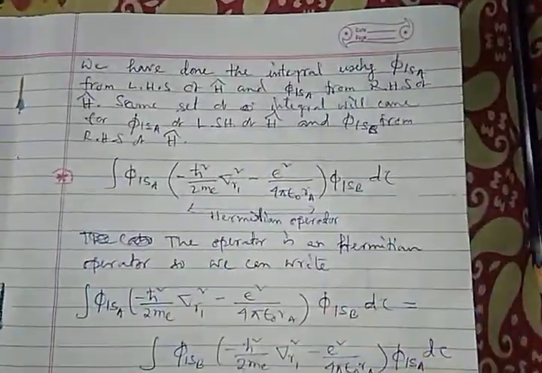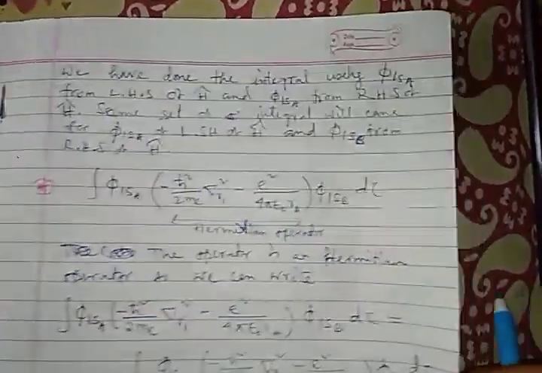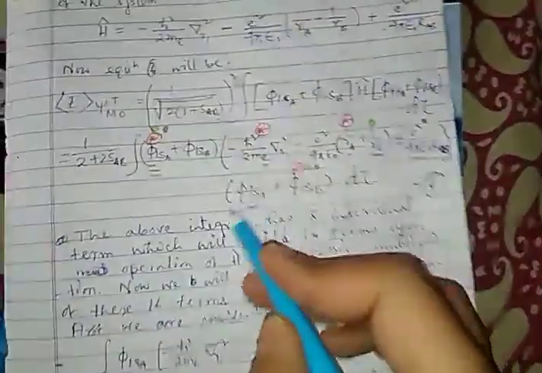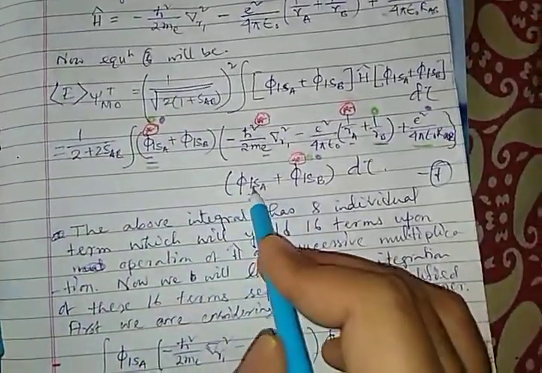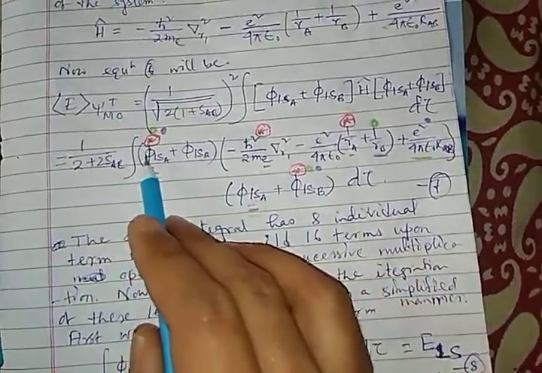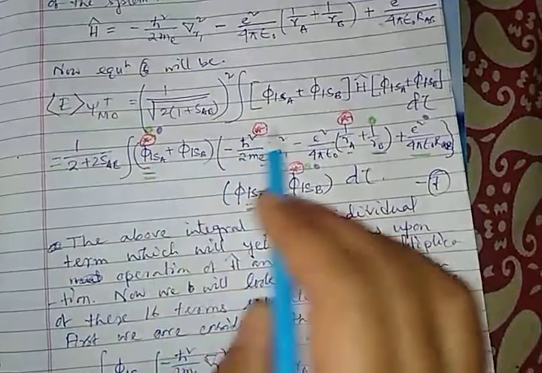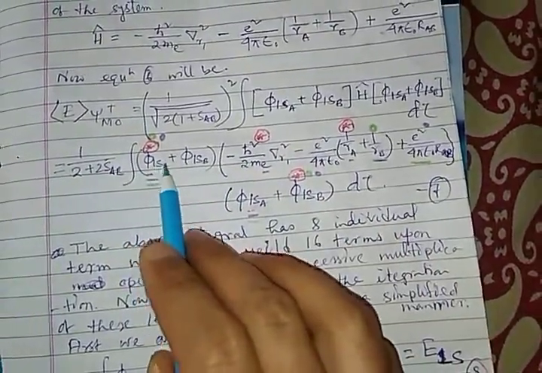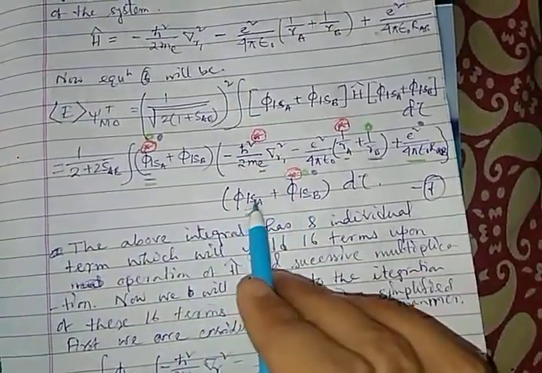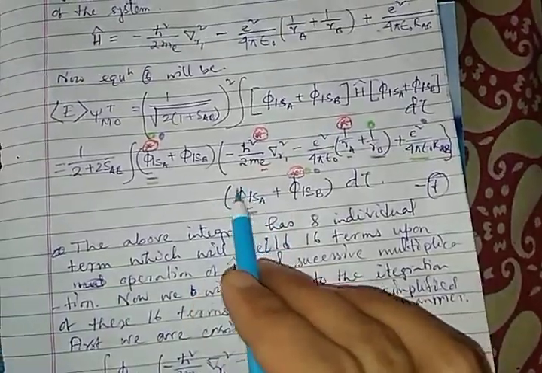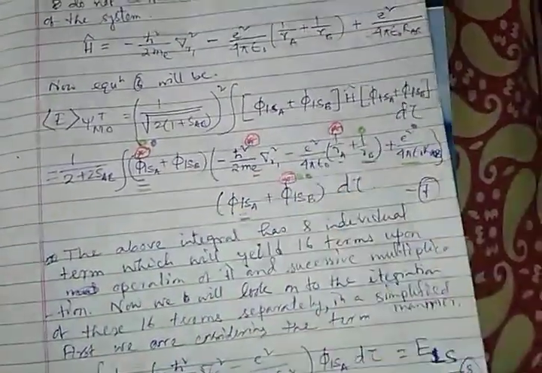Then we have already done this for phi 1sa in the left hand side of the Hamiltonian and phi 1sa in the right hand side of the Hamiltonian operator.